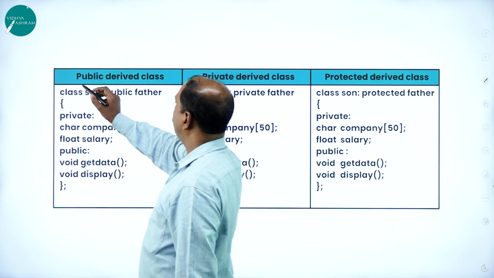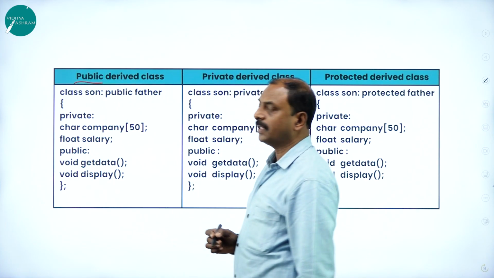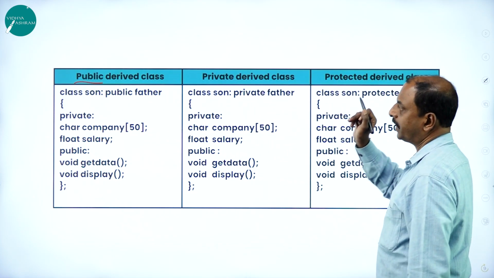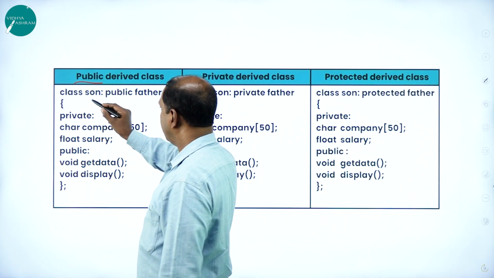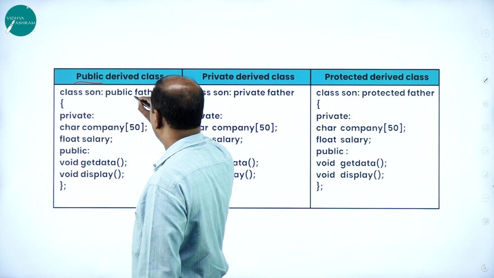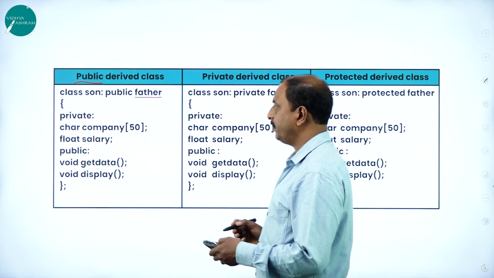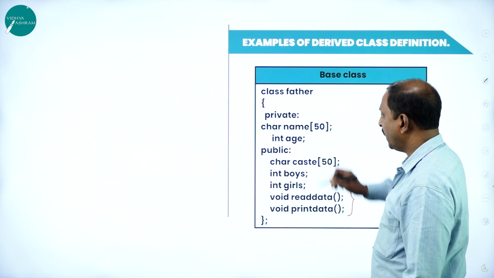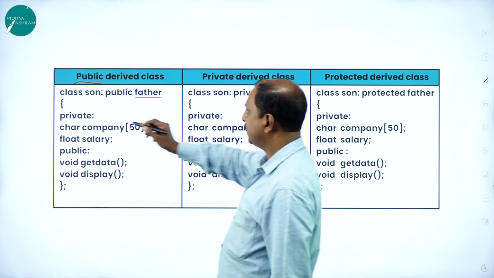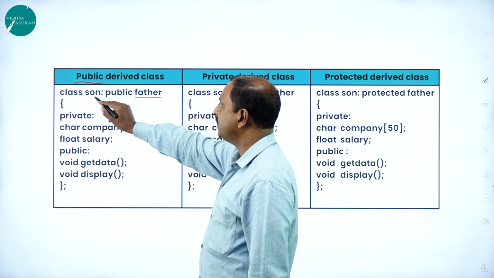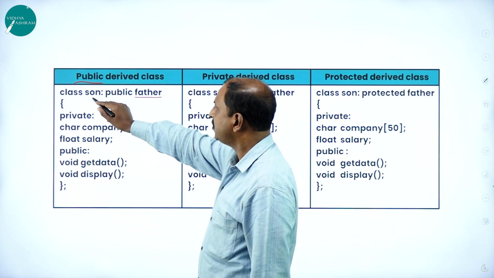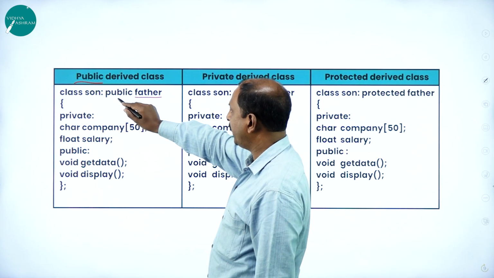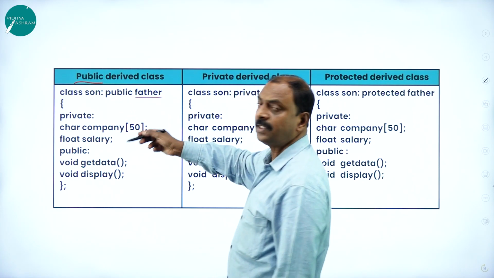So first one is the public derived class. These are nothing but visibility modes: public, private or protected. So here, class son colon public father. If you observe the previous slide, father is the name of a class. This is a base class. According to the syntax, class is the reserved word, son is the derived class name, colon public is the visibility mode, and father is the name of the base class.